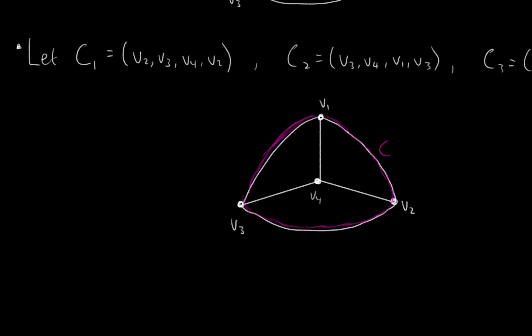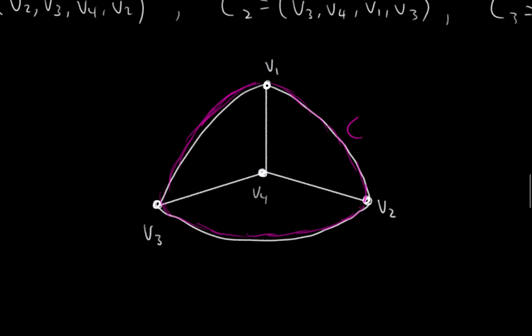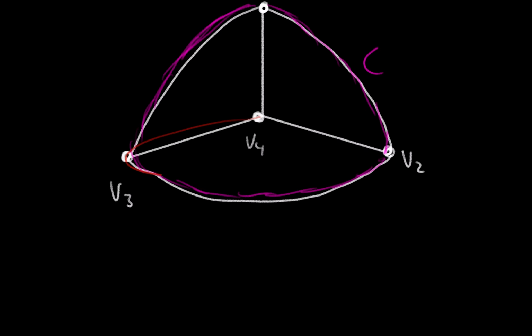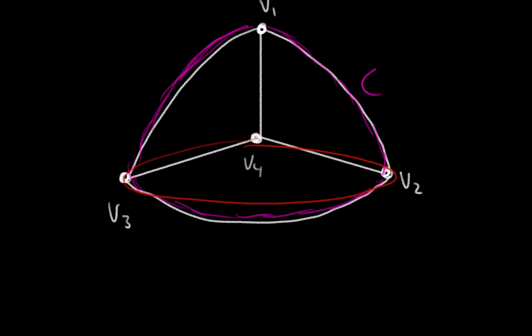let's identify where C1 is. The vertex V1 is not part of the cycle C1. So if we look here, we don't want this vertex to be part of the cycle. So the cycle in this graph that does not include that vertex is this one here.